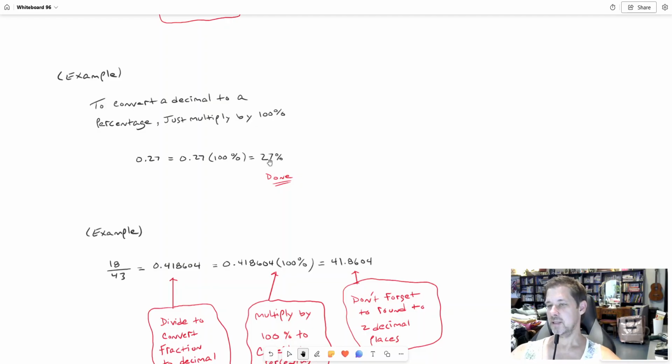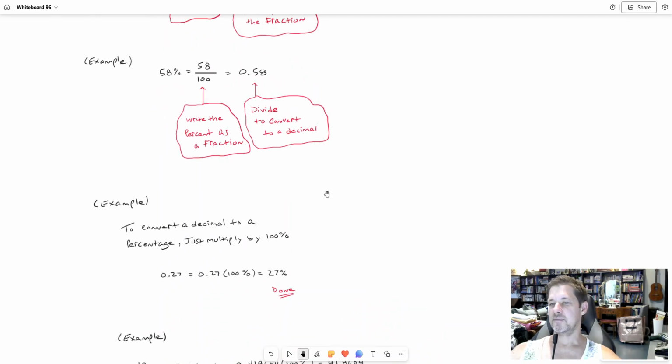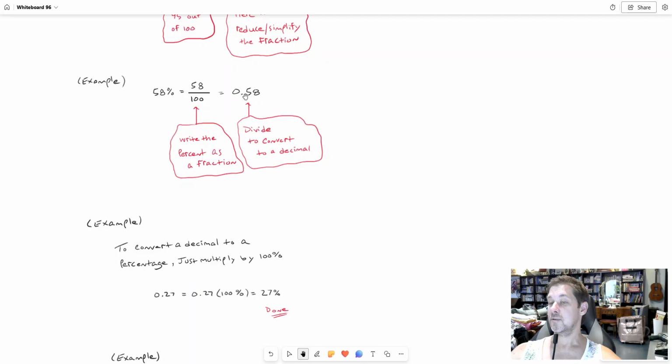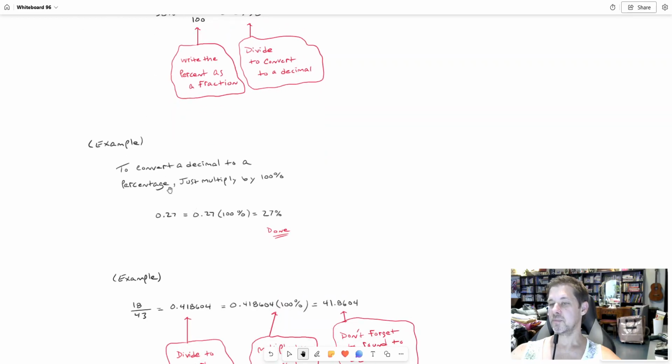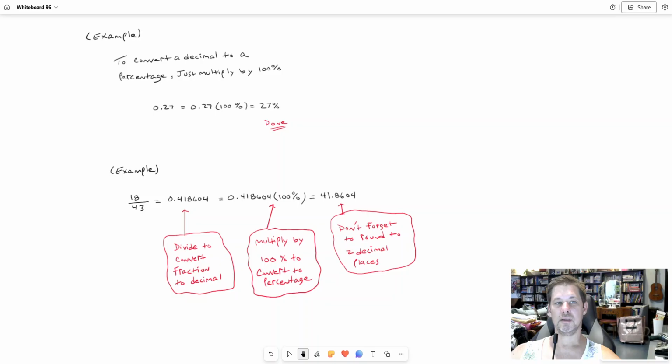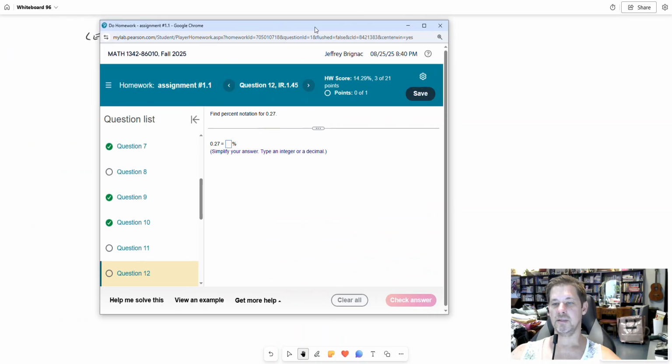Or 27 point, decimal point 0. So that's how you do it. All right, so the overall pattern to convert a percent to a decimal: move this decimal point that's in the percentage 2 spaces to the left. To convert a decimal to a percent, move the decimal that's in the number 2 spaces to the right and add the percent. Okay?